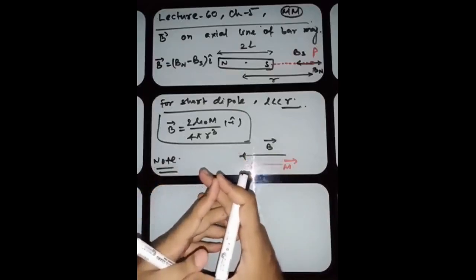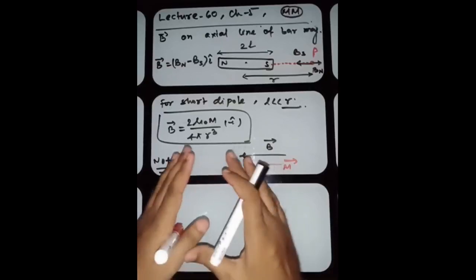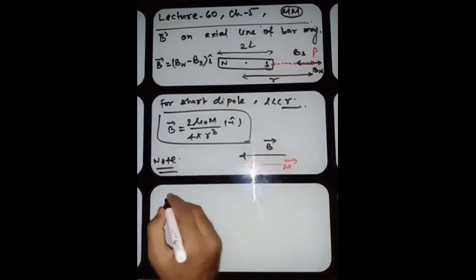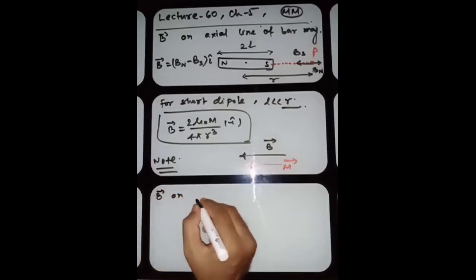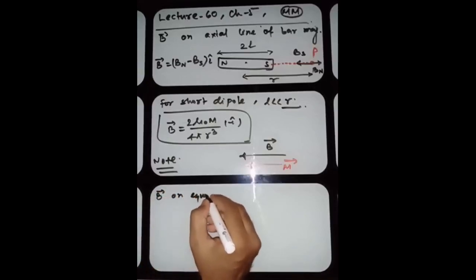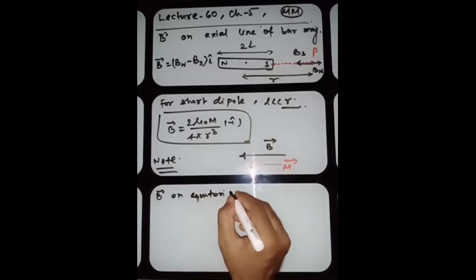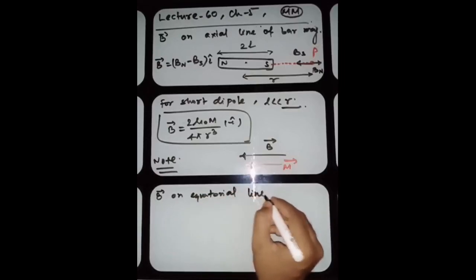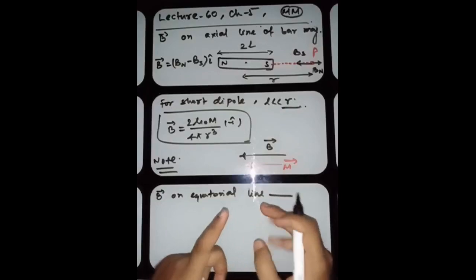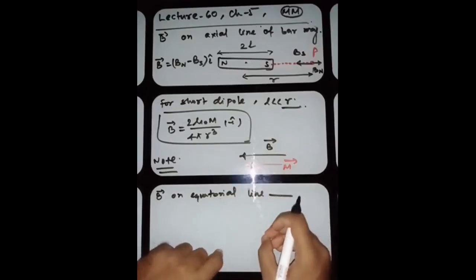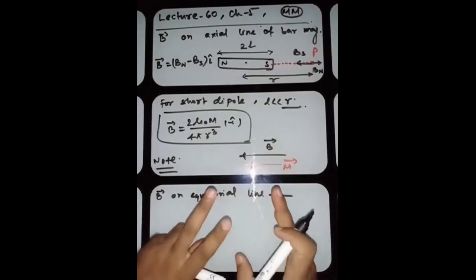Now the next. Magnetic field due to a magnet on the equatorial line. The second one, B on the equatorial line. My dear students, if I give you a hint to solve this one, I'm sure you can solve it.